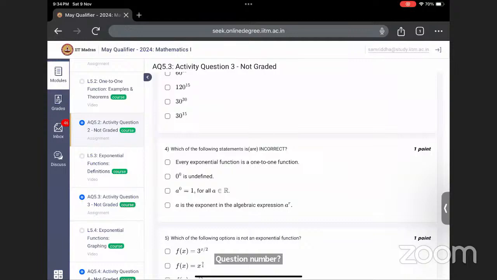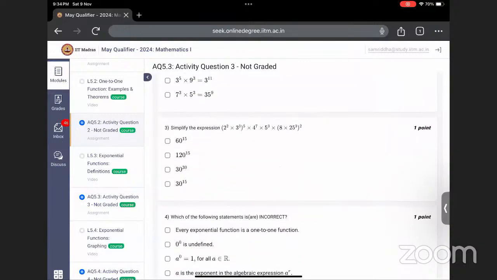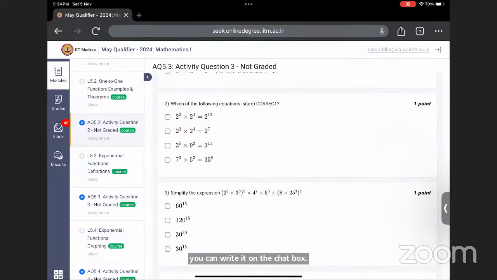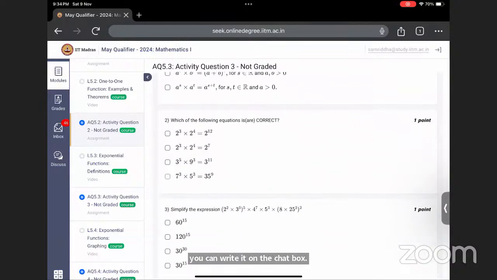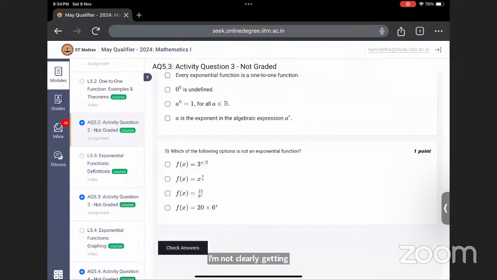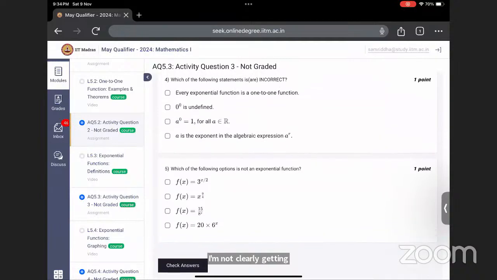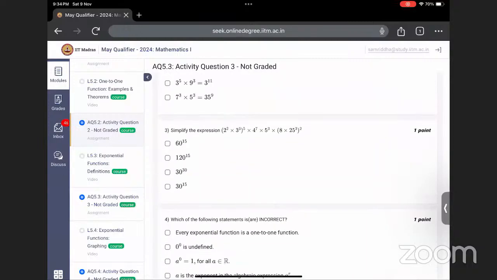Can you be a little louder? I cannot hear you. What are you saying? Activity 5.2, question number 3 it is. You can write it in the chat box. I'm not clearly getting it. Five point three, question number 3. Yeah, this one.